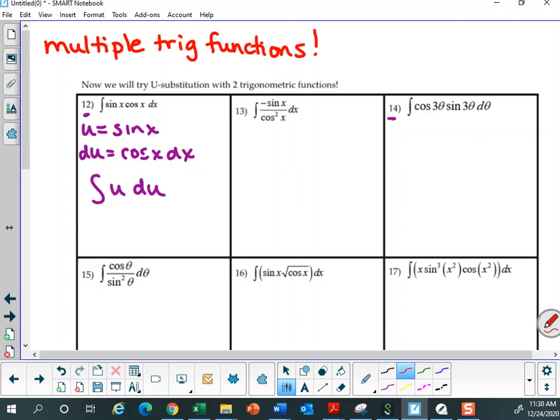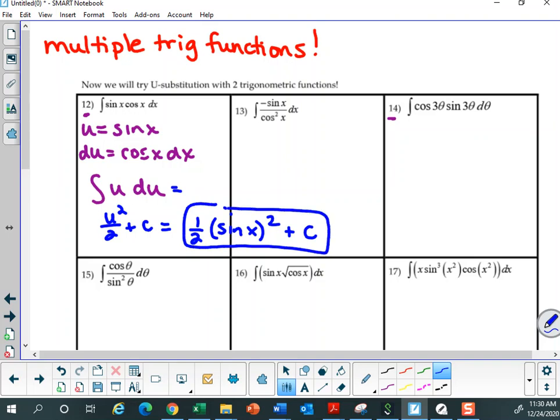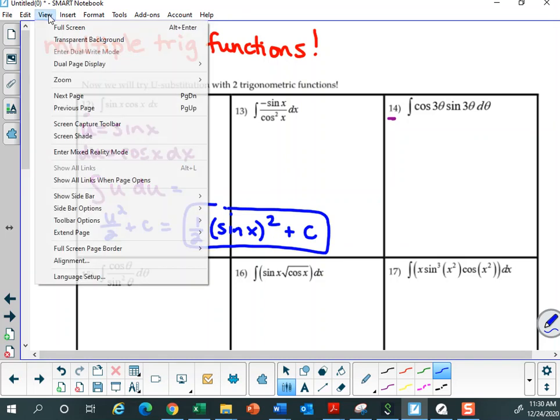Now, always remember, we still have to do the antiderivative. So this is going to be u squared over 2 plus c, or we can make this 1/2 sine x quantity squared plus c. That's one possible approach to that problem.